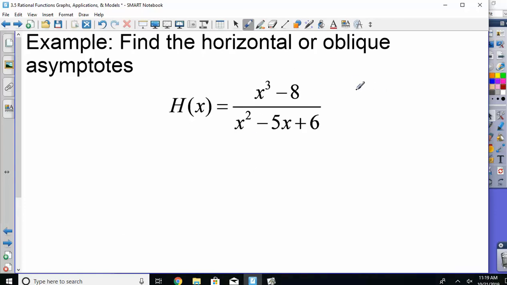So degree of the top, 3. Bottom, so the top is 1 more. Right now I know it's oblique. So we're going to do long division.